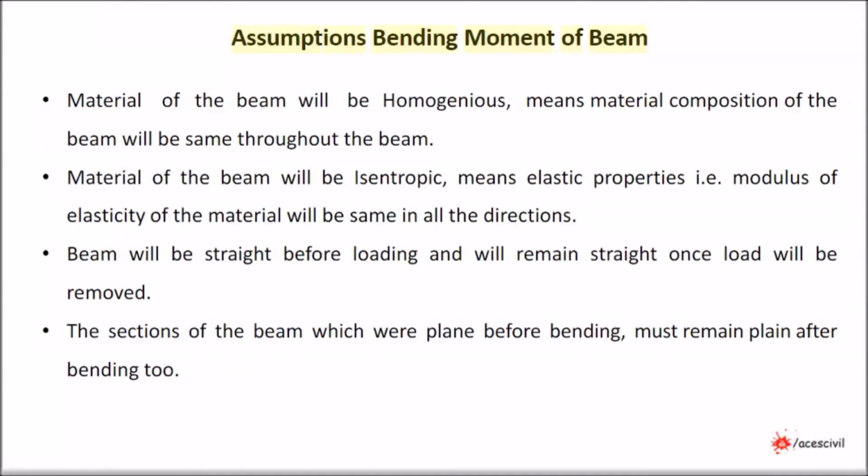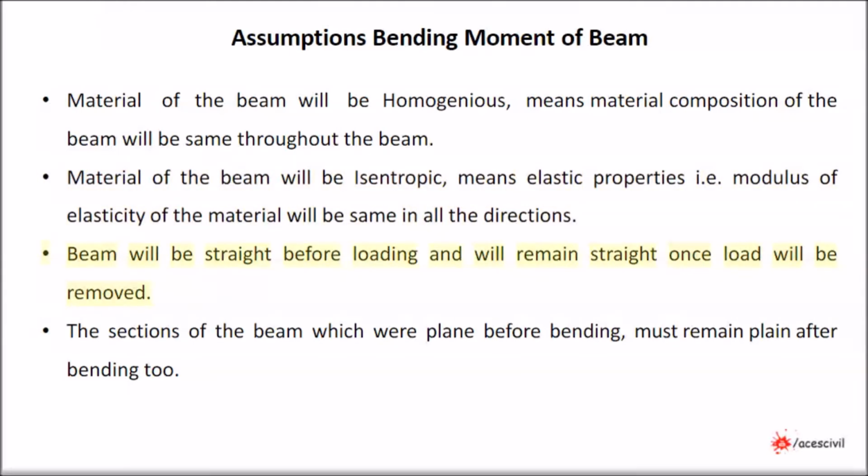Assumptions. Bending moment of beam. Material of the beam will be homogeneous, means material composition of the beam will be the same throughout the beam. Material of the beam will be isotropic, means elastic properties, i.e. modulus of elasticity of the material, will be the same in all the directions.